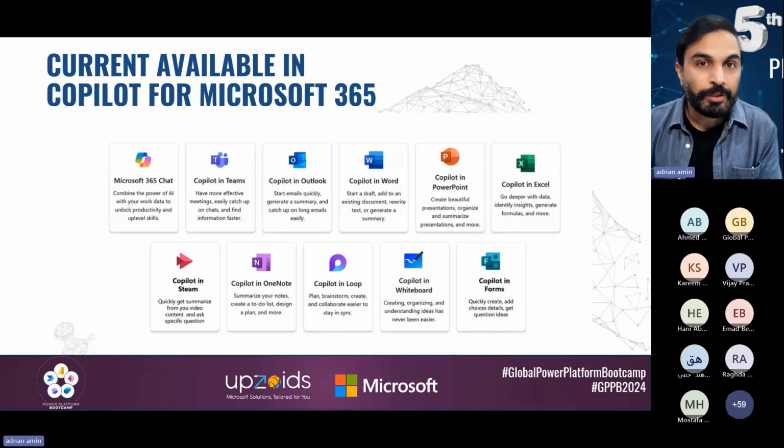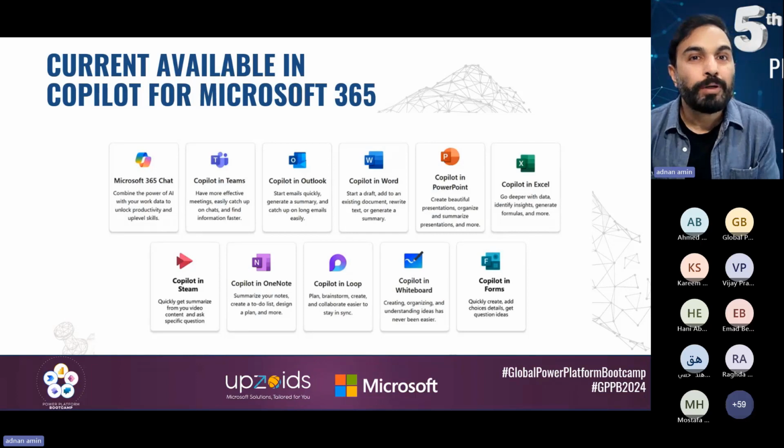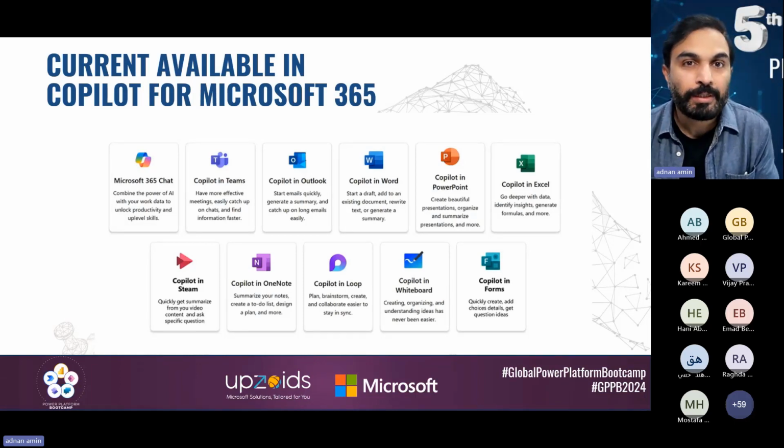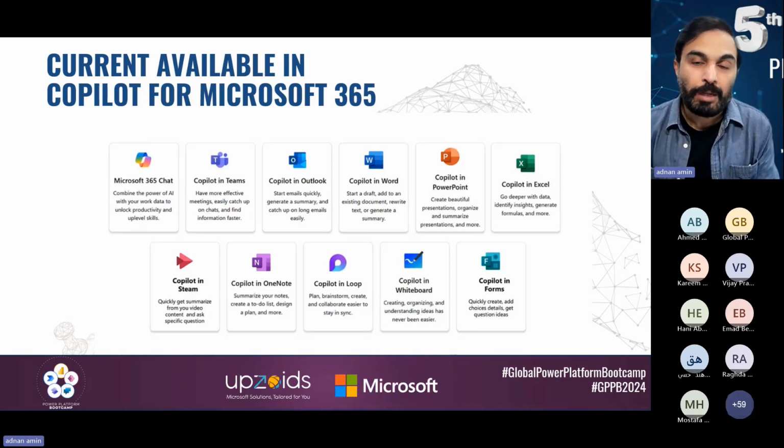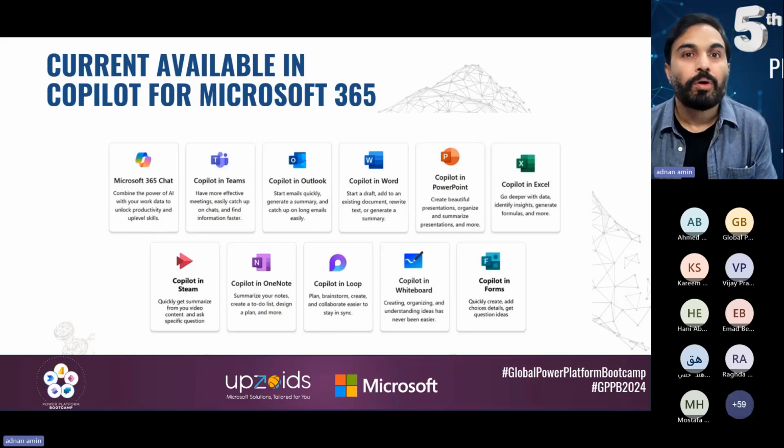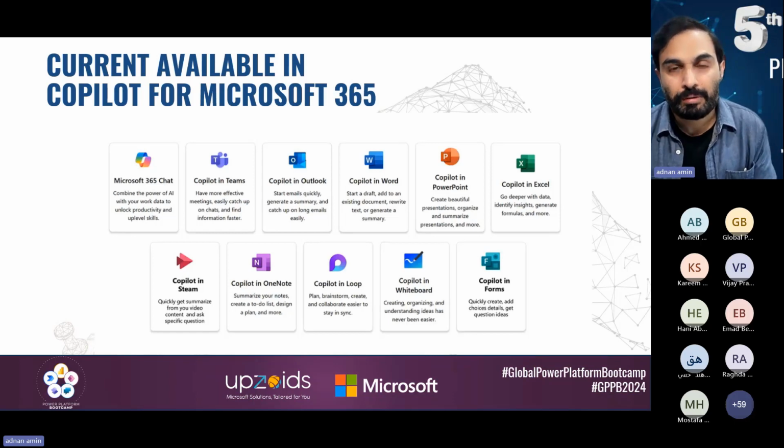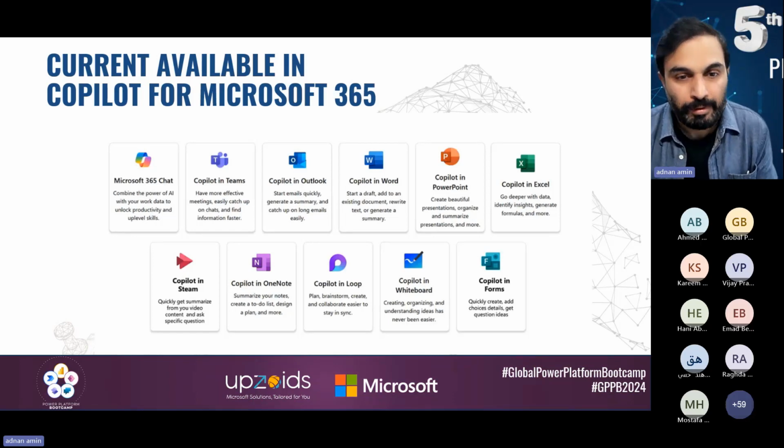So if you have bad security, your security is not mapped properly, there's sensitive content where permissions are not properly set, users are able to see that content. So with the help of Copilot, you will be able to update your permissions to have a secure environment, secure content management for your existing content.